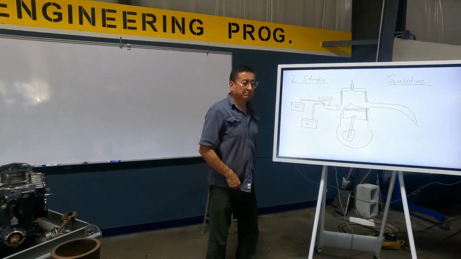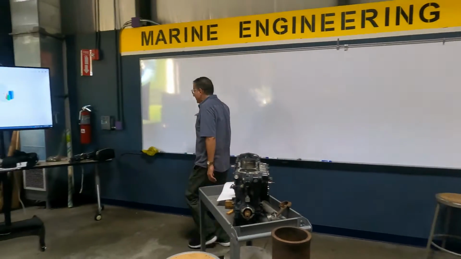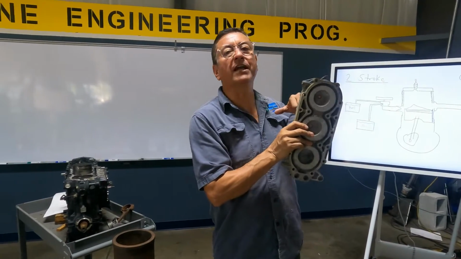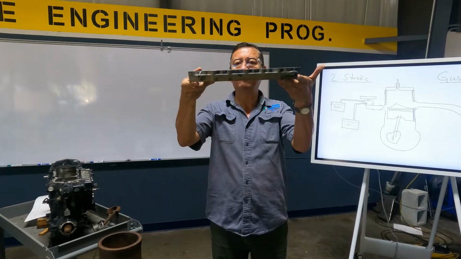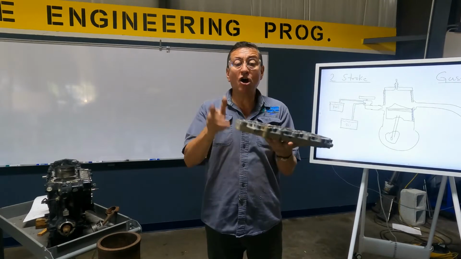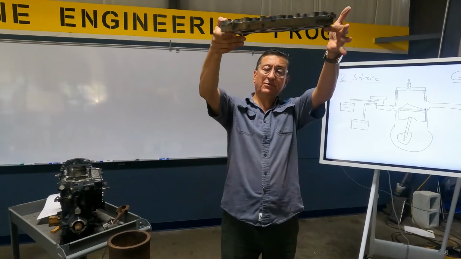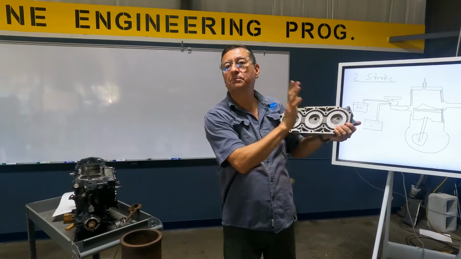This is the piston, the crankshaft, and the head is a simple head with the spark plug in the middle. The head is flat, with no valves, no mechanisms. It's a piece of metal with one hole in the middle for the spark plug.